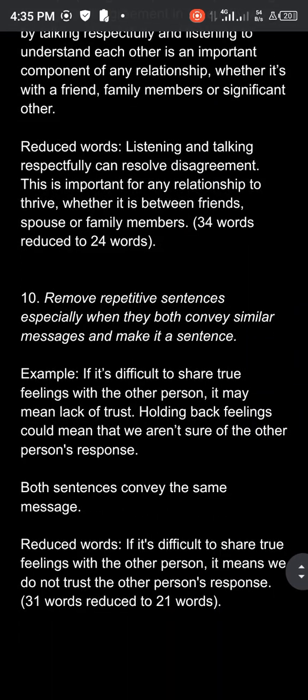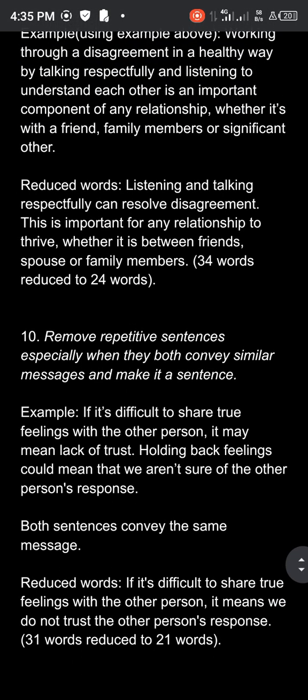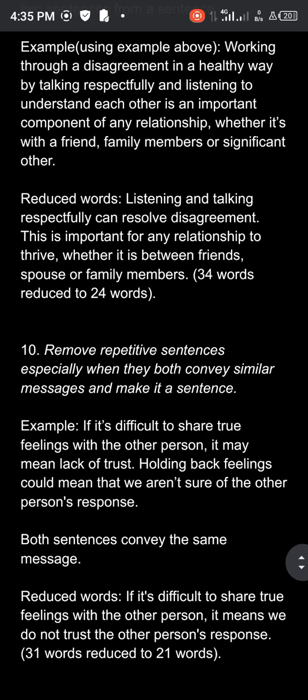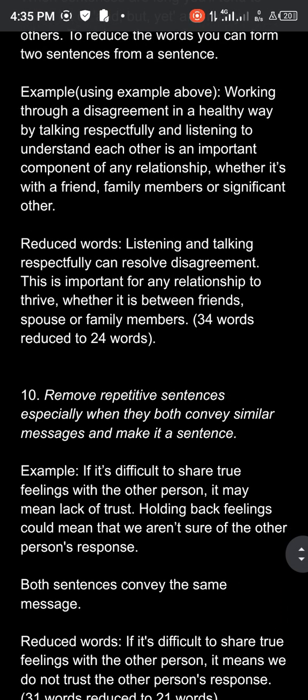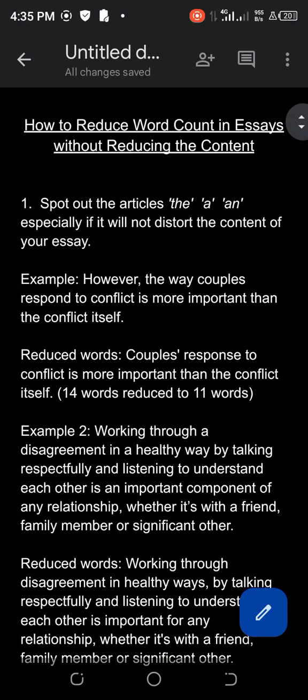That was very big for me. But you see, these tips really helped me. So I thought I should share. And I'm very sure if you apply these tips, it will help you to reduce your word count in your essays without reducing the content.